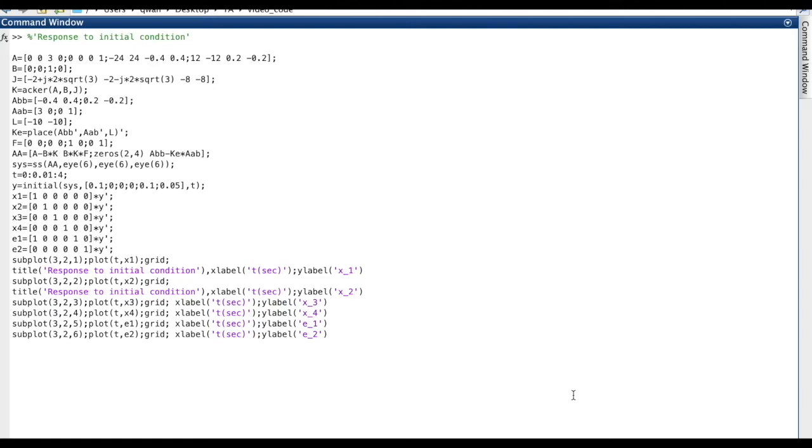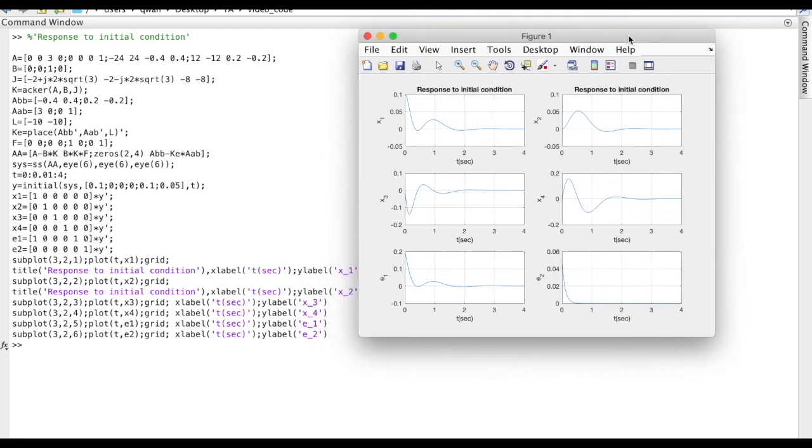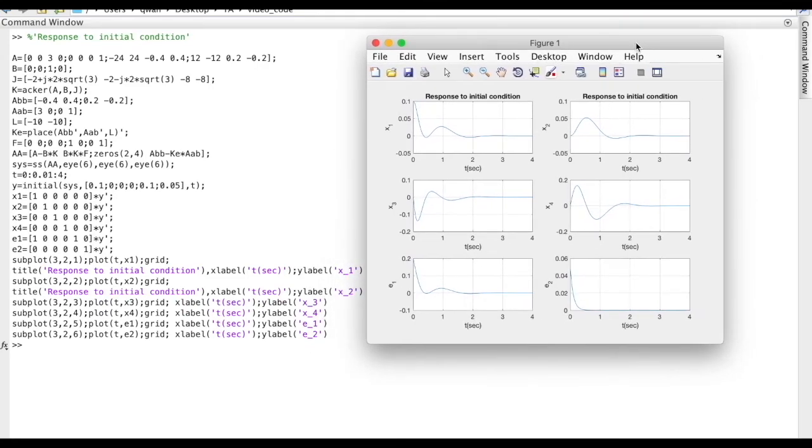Here we can see that we are going to plot all the states of the system and their behavior. We will see that the states of the system go to 0, starting from their initial condition.